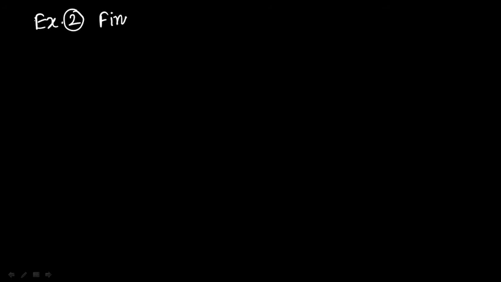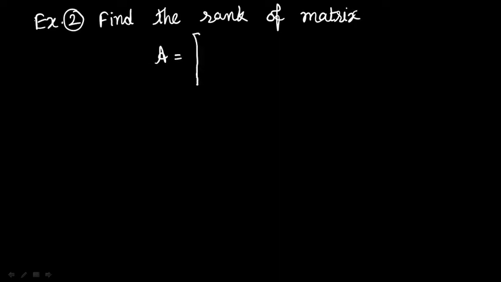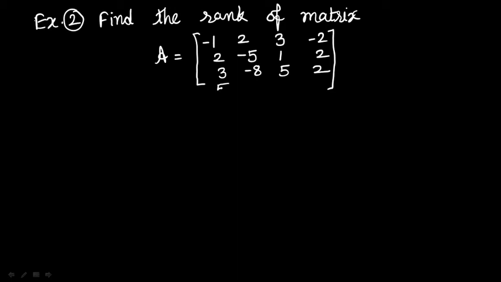Find the rank of the matrix A equal to: the first row is -1, 2, 3, -2; second row 2, -5, 1, 2; third row 3, -8, 5, 2; and fourth row 5, -12, -1, 6. This is a 4 by 4 matrix, 4 rows and 4 columns.